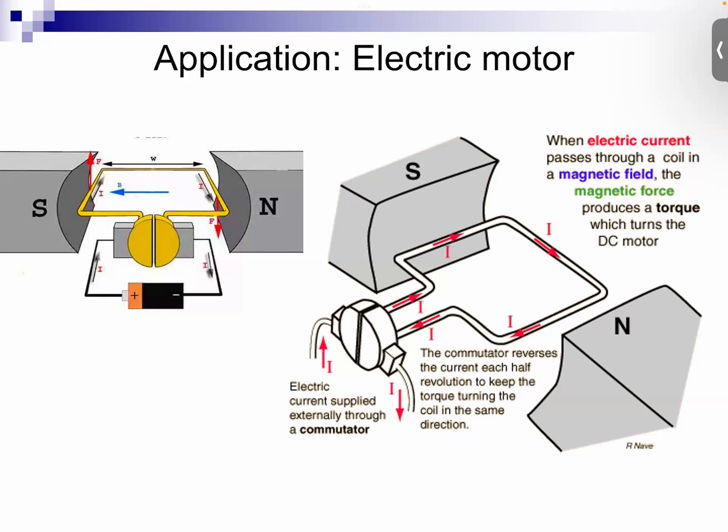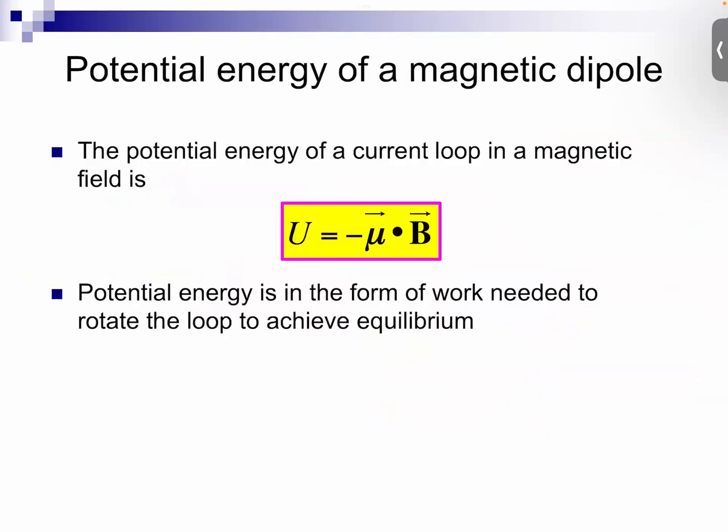The torque produced by the magnetic moment and the magnetic field on the current carrying wire loop will cause your wire loop to rotate. And when your wire loop rotates, work is of course being done to rotate it, and the work done is stored as potential energy.